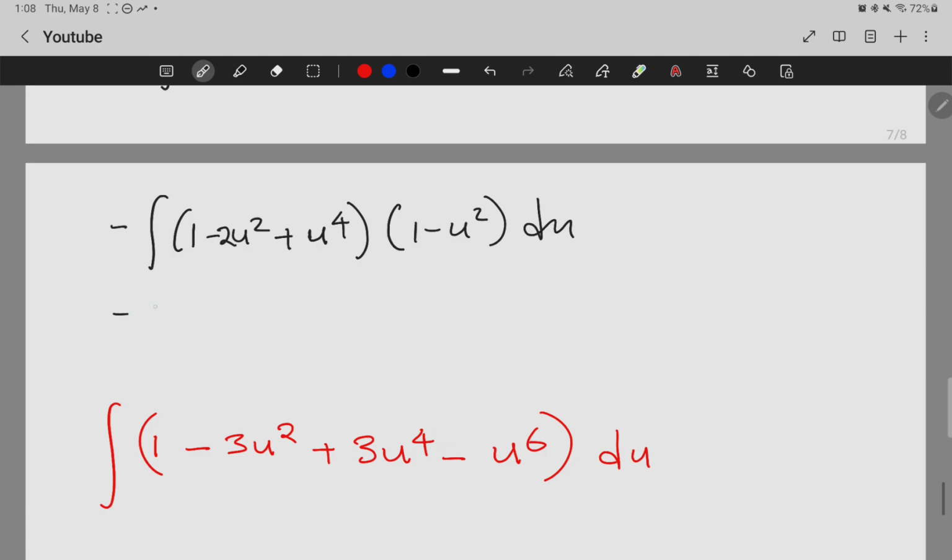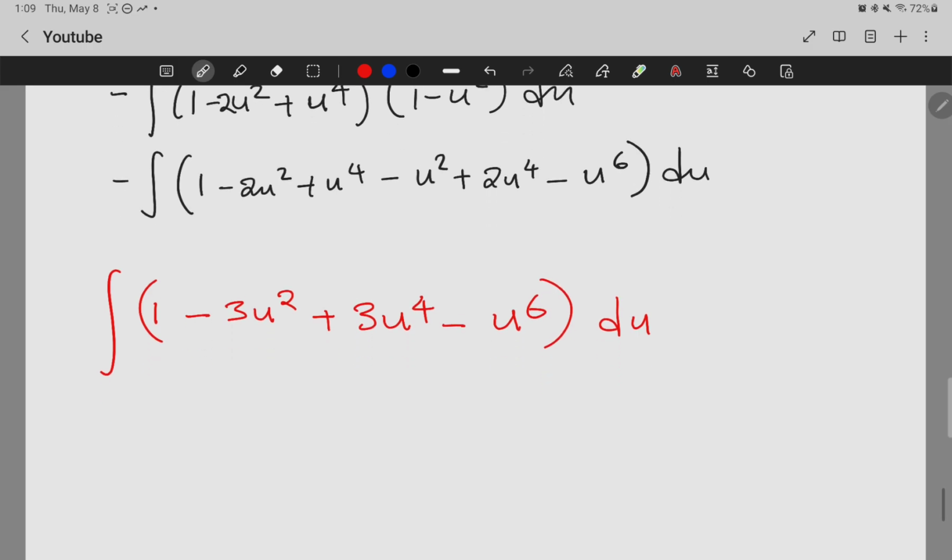And then finally, we'll do the last pair now, minus 2u plus u to the power 4, then minus u squared, then plus 2u to the power 4, then minus u to the power 6 there, du. So we end up in this expression.